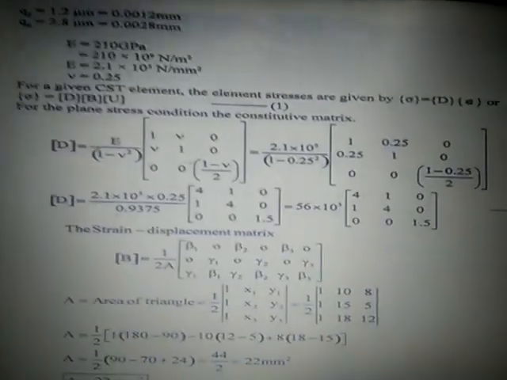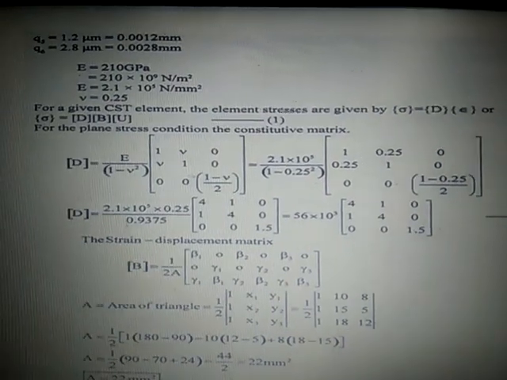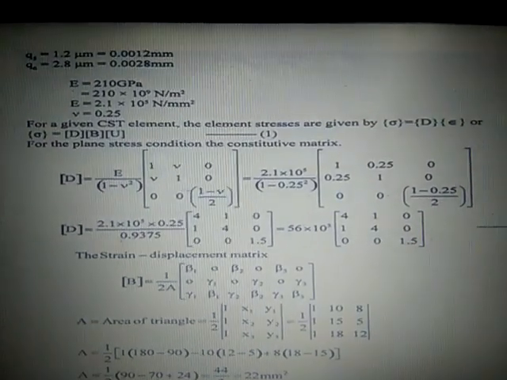Now what is to be done? After converting all to mm, convert Young's modulus from GPa to Newton per mm square. Mu is 0.25. For a given CST element, the element stresses are given by D B u. Young's modulus is stress by strain, so stress is Young's modulus into epsilon, but that Young's modulus is for 1D.